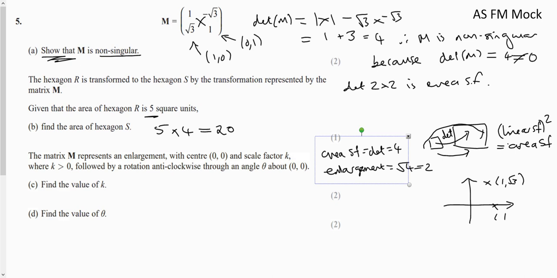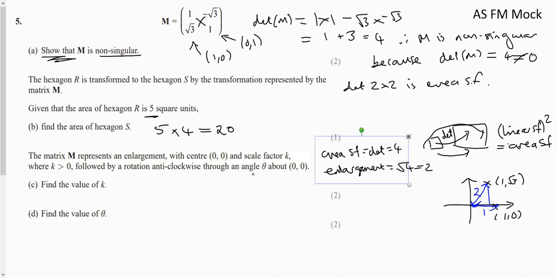If it's at 1, 0, it's a distance of 1 from the origin. When it gets to 1, root 3, if you apply Pythagoras, you've got 1 squared plus root 3 squared, all square rooted, and you get that that side is 2. So it was a distance of 1, now it's a distance of 2, so the scale factor is 2. So 2 ways to find that.